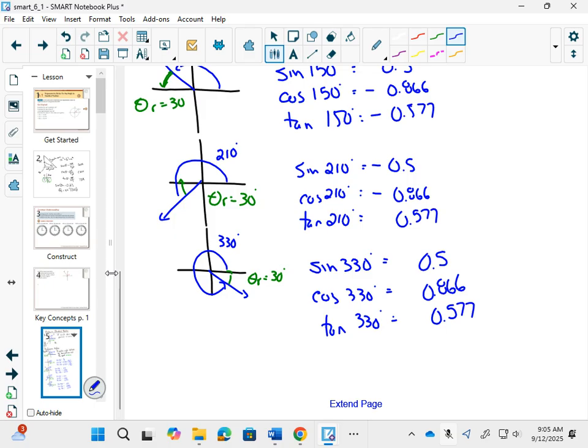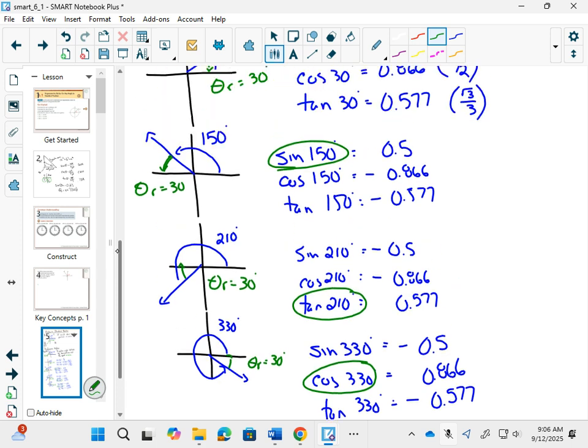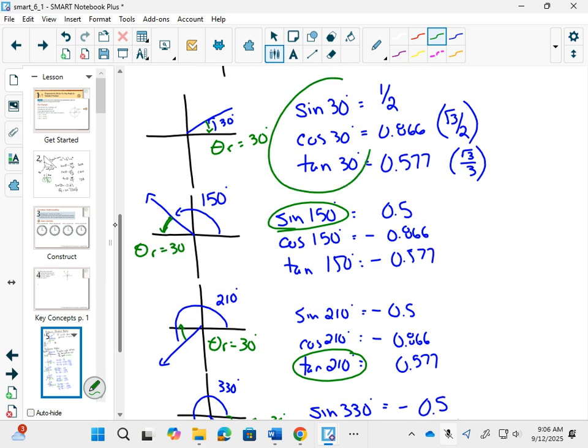People who like math love whenever patterns start to happen. They're like, this is cool. Maybe there's something I can explain about this. And in quadrant 4, the numbers are the same, but this time, and so if I circle the ones that are positive, I have cos being the positive one here, tan being the positive one here, sine being the positive one there, and all of them being positive there.